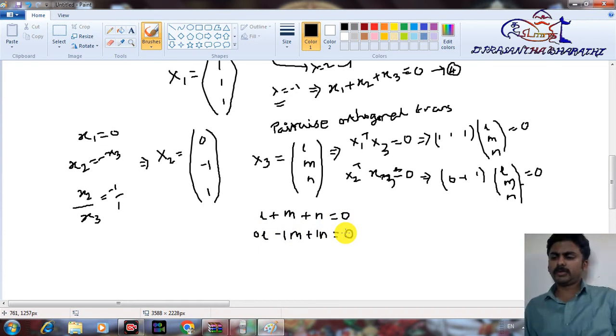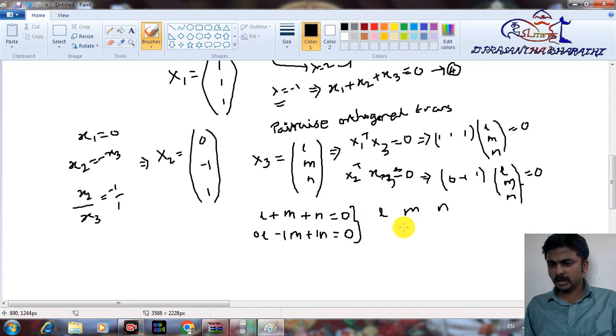Since these two equations are different, we can do cross multiplication again. L M N, it is 1 1 1 and 1, and again minus 1 1 0 minus 1. So the cross multiplication procedure.